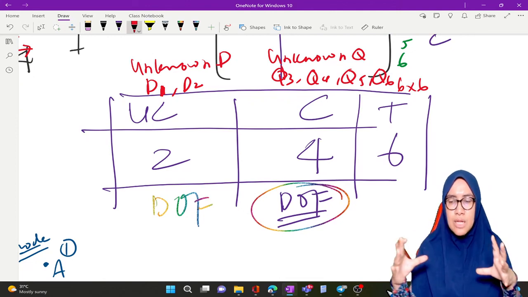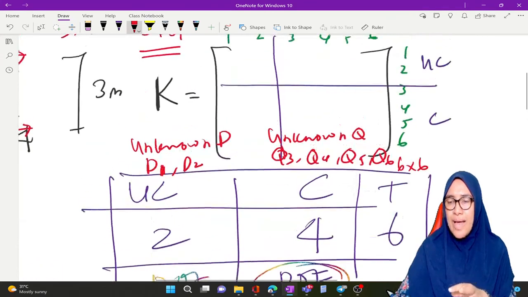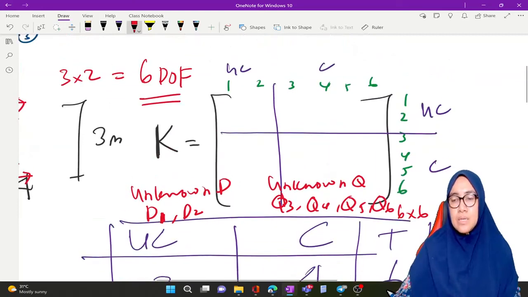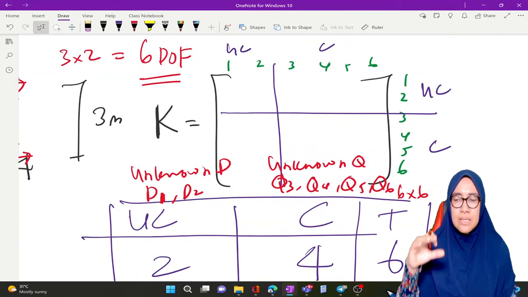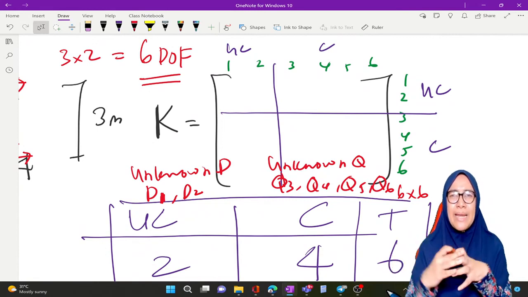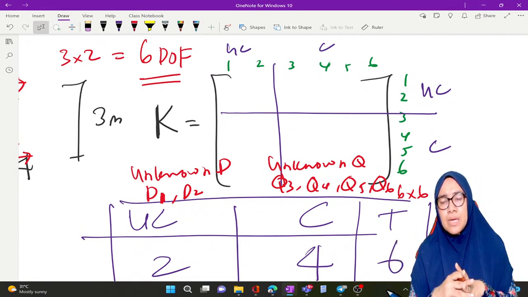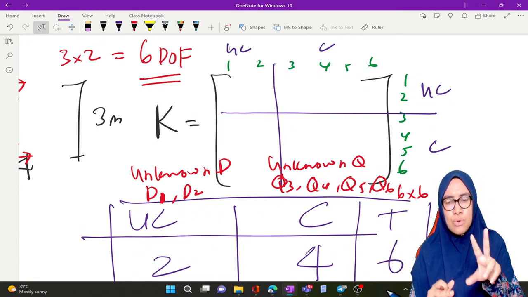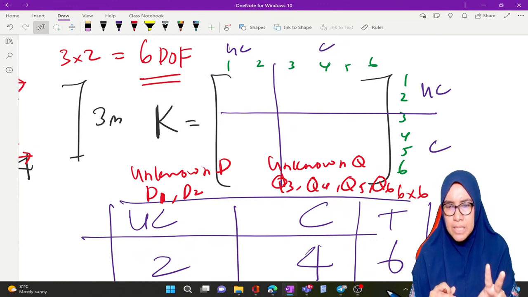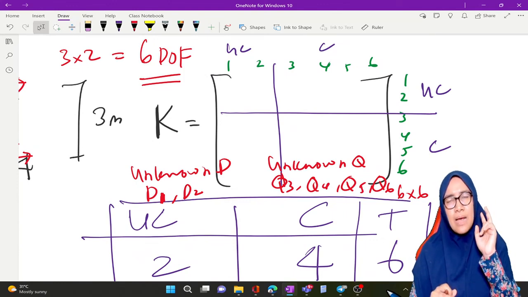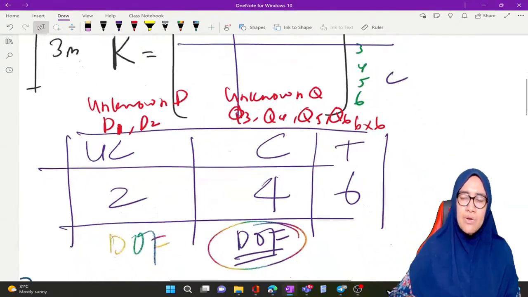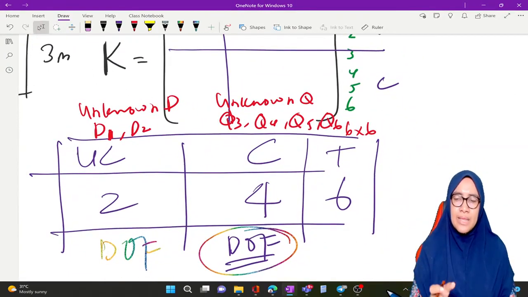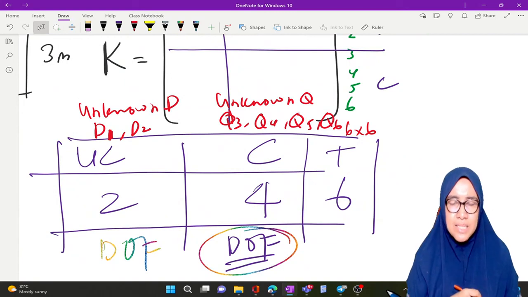In total, the 6 degrees of freedom combine 2 unknown displacements located in the unconstrained system and 4 unknown reactions located in the constrained system.